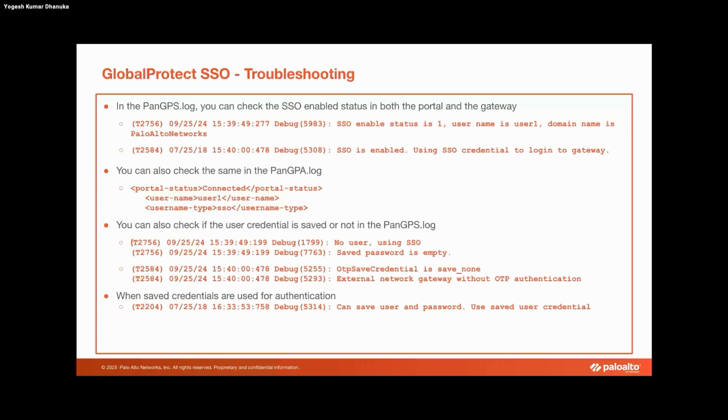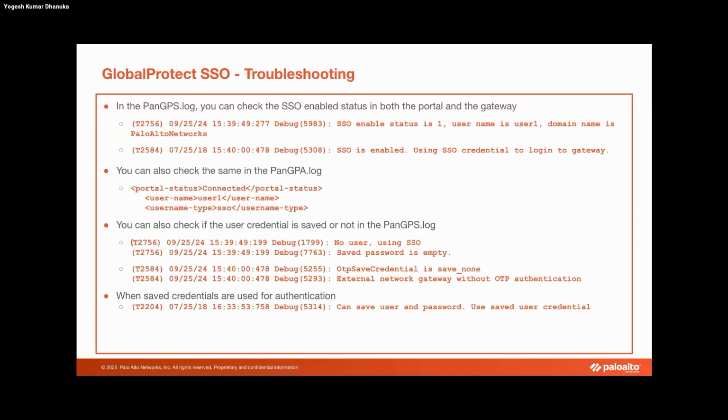In PAN GPA, you can see the username and how the GP got the username. It was not from the user input, it was from SSO. So the GP retrieved the username from SSO and then that was used. That can come in handy when there are issues where the usernames are different.